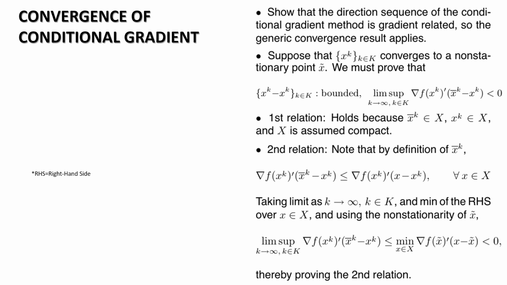We want to show the direction sequence dk, equal to x bar k minus xk, is gradient related to xk. From the earlier result, if the direction sequence dk of the conditional gradient method is gradient related, the generic convergence result applies.